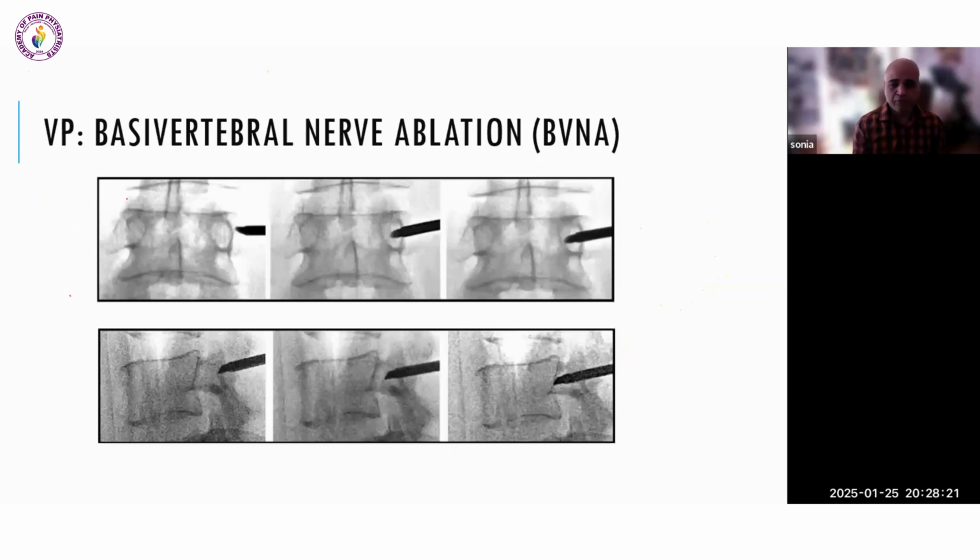For those of us who are already doing vertebroplasty for compression fracture, the basics remain the same. You gain access to the vertebral body through the trocar and cannula, like the bone introducer, where we use fluoroscopy views to perform this procedure.